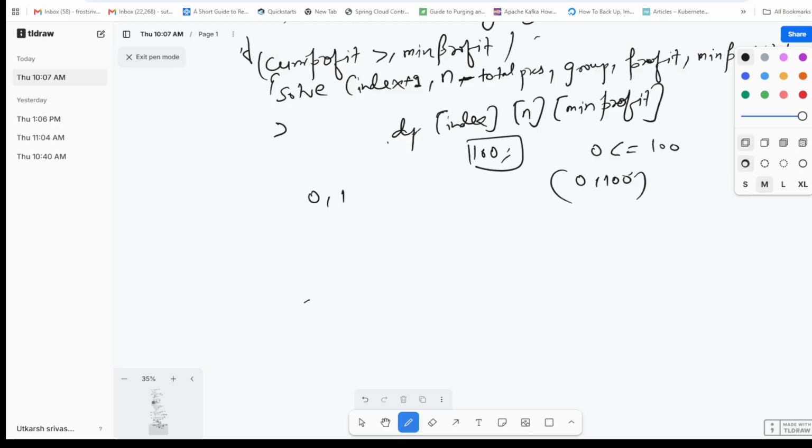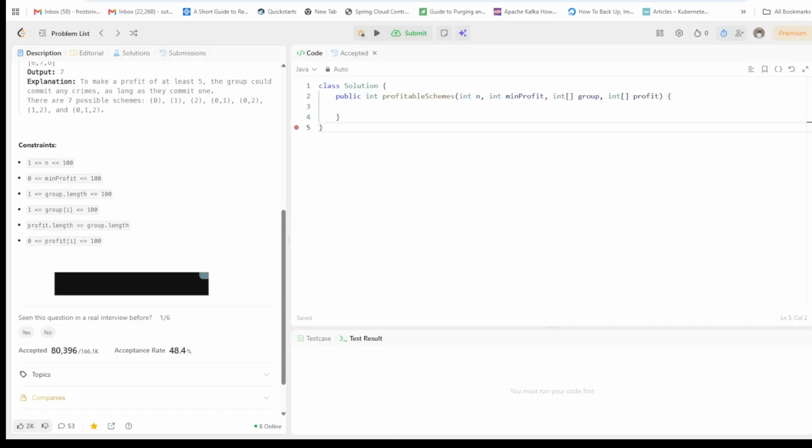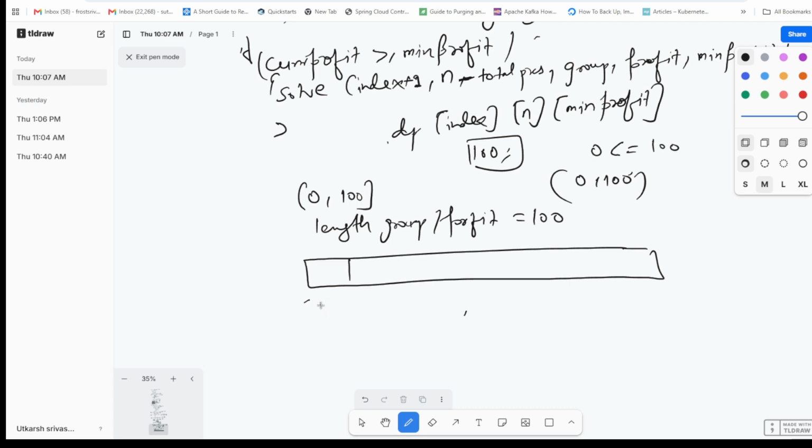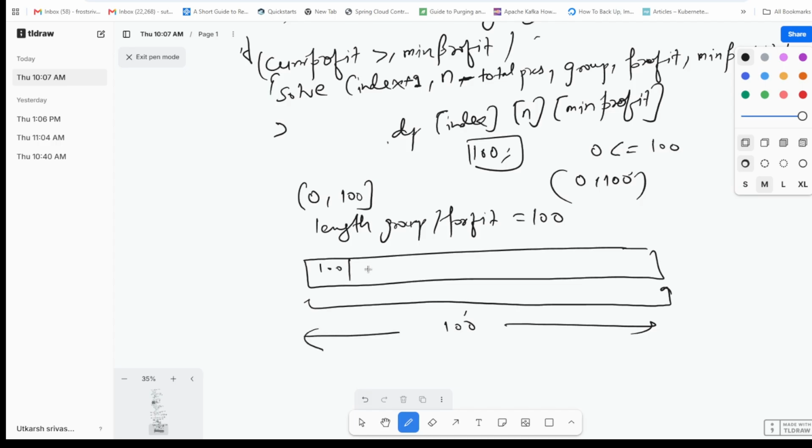And the total length of the group or profit array, as they have given, is 100. Suppose all these profits are 100 only; the worst case can be this. The profit array has size 100, and every entry will be a profit of 100.